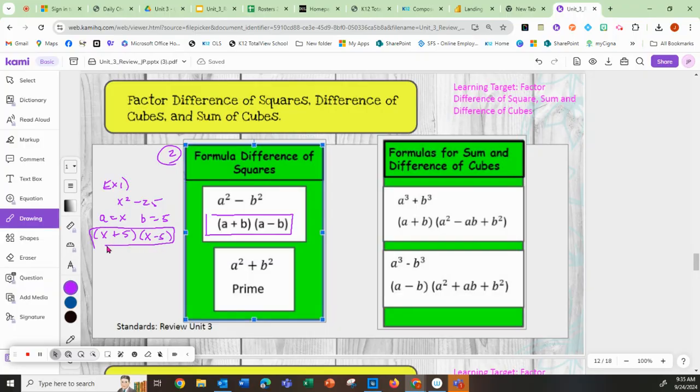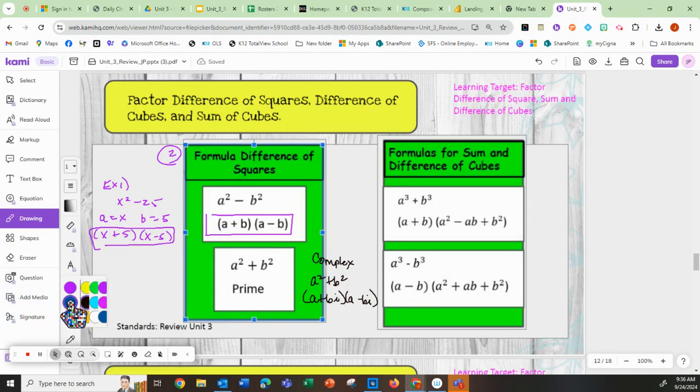If you're not allowed to factor using complex numbers, we can't factor a squared plus b squared, but I will tell you that if they say complex factors, there is another formula that I did not put here, but I'm going to put it on this review. And the formula is a plus bi times a minus bi.